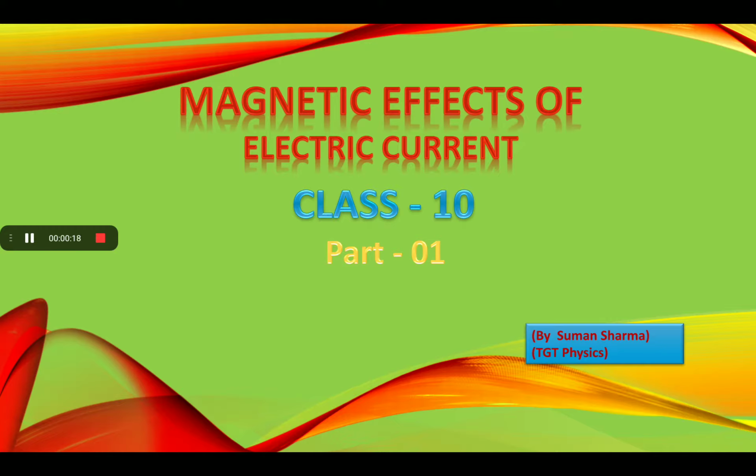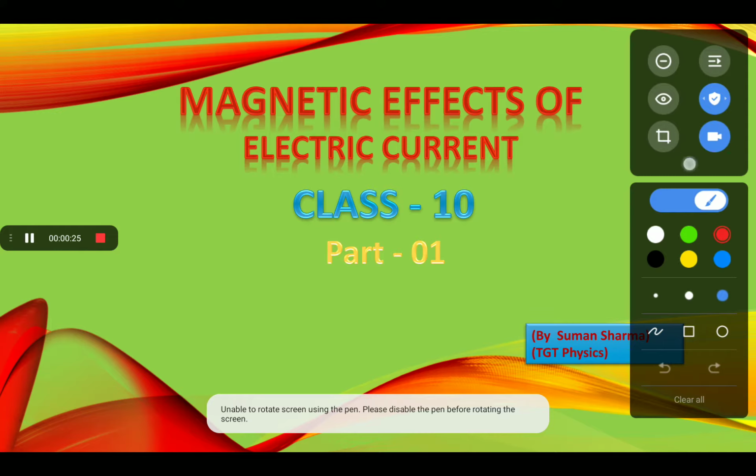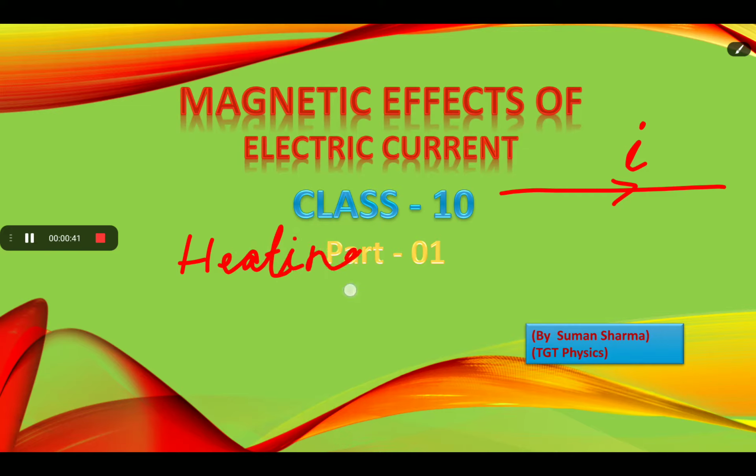Students, in the last chapter, in electricity, we have studied that when an amount of current flows through the wire for some time, then the wire becomes hot and the process is called heating effect of electric current.